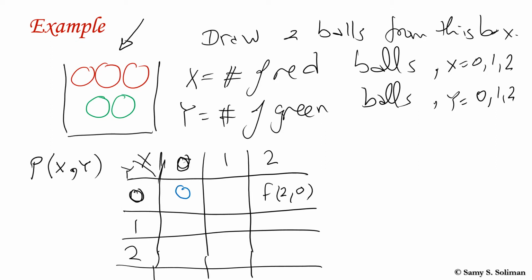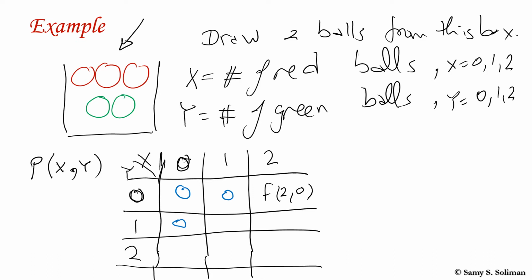Similarly, what is the probability that we have 1 red ball and 0 green balls? Again, since the total does not sum up to 2 balls, which is the number of balls we draw in this sample, this event can never happen. We can never have one red ball and 0 green balls. So again, this probability is 0. Similarly, this probability is 0.